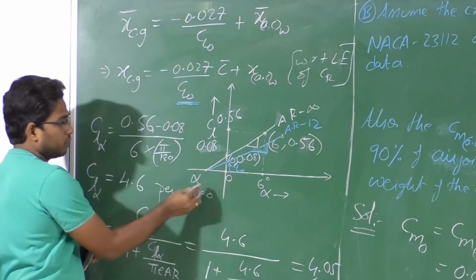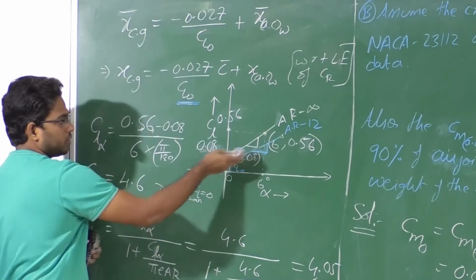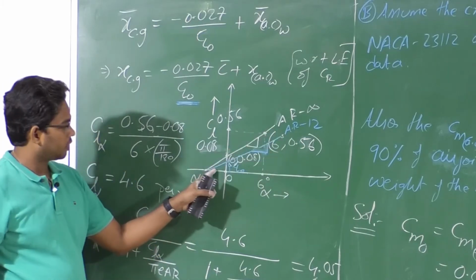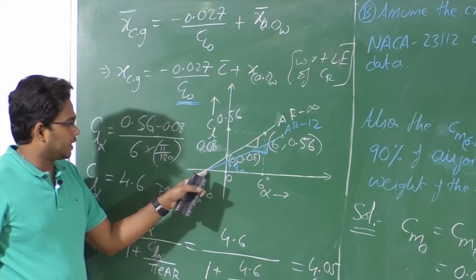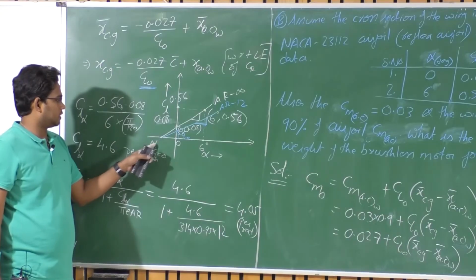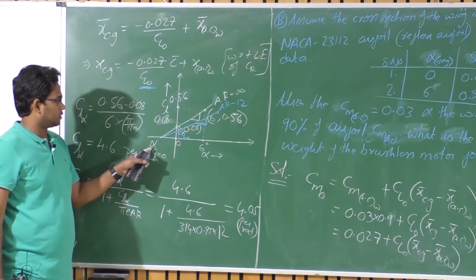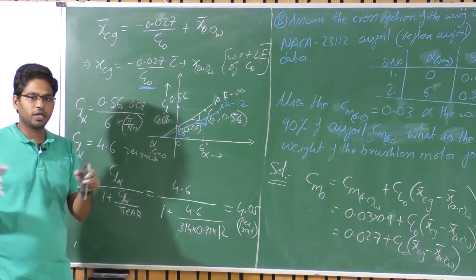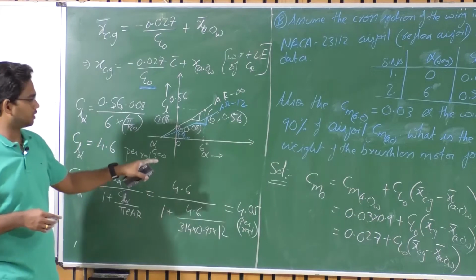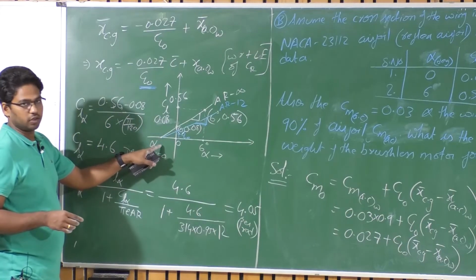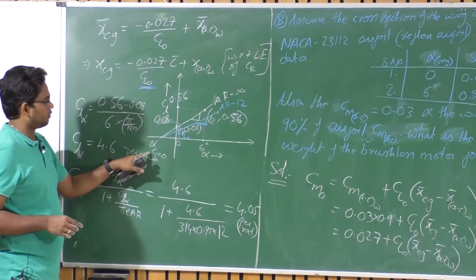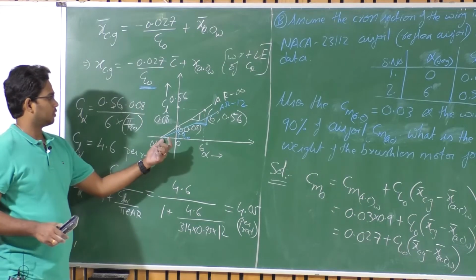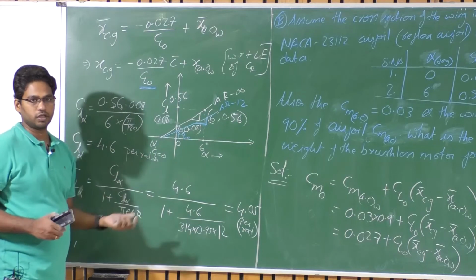But I don't know how to find it because I have only CL alpha 3D for this blue curve. But it's a decent assumption that the angle of attack at which the lift coefficient is 0 is the same for the finite wing as well as the infinite wing. That's a decent assumption that we considered earlier. So if we can find the alpha at which CL is 0, then I will be able to find CL naught, because I will have one point and the slope there, right?